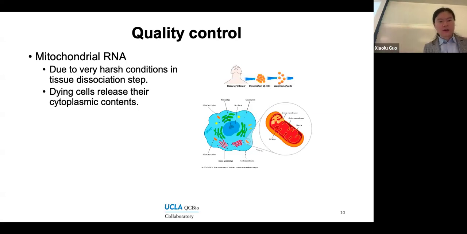The process may be too harsh, or there may be dying cells. Dying cells release their mitochondrial RNA to the cytoplasm. In a healthy cell we won't see that, but in a dying cell we will see a lot of mitochondrial mRNA. For quality control, we don't want those dying cells to mess up our analysis, so we also want to exclude those.